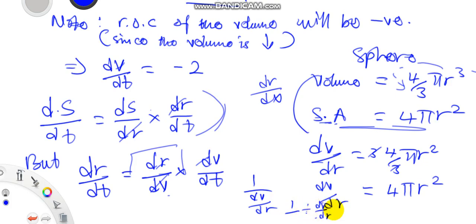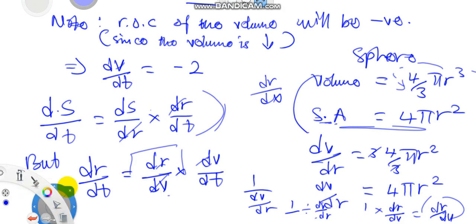If we want to change this to multiplication, we can say 1 times dr/dV. So therefore we have dr/dV, just in case you are wondering how we get dr/dV. Once we get this, it just means we have 1 over 4 pi r squared.